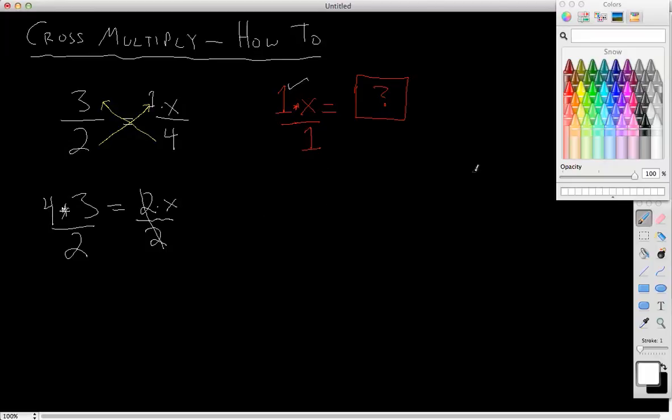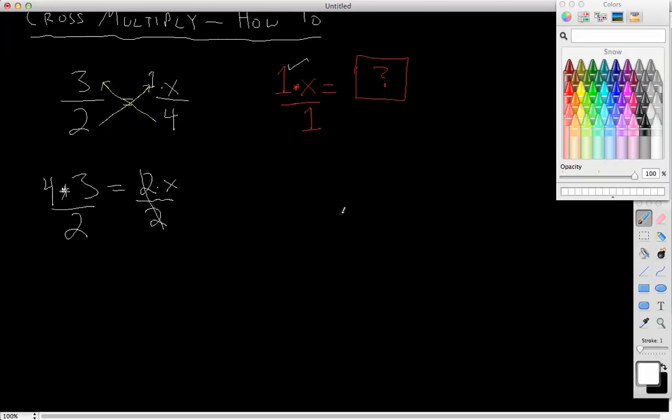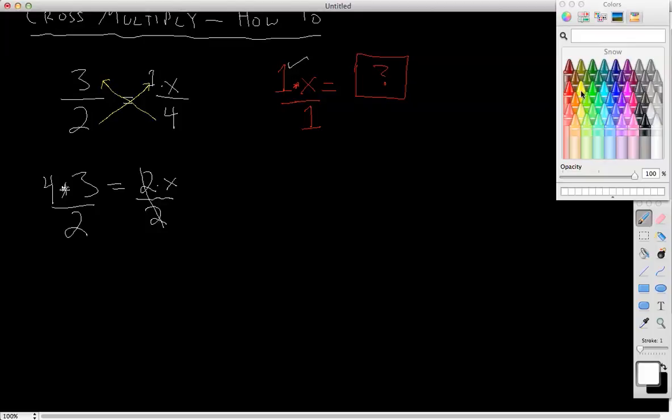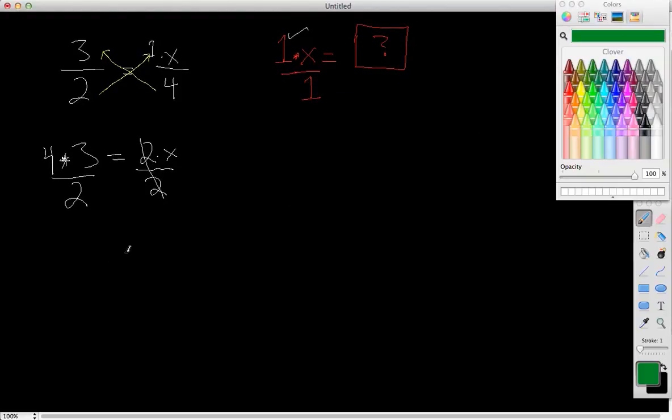So cross multiplication, we're going to look at the rules again. So let's say I take another example. I'm going to say, let's say 4 over 5 is equal to x over 7. So knowing that there's a 1 in front of this x, using this idea here, I only want to move this 7 up and across.